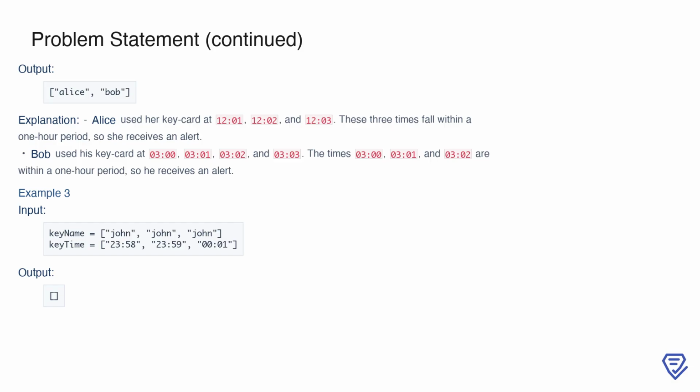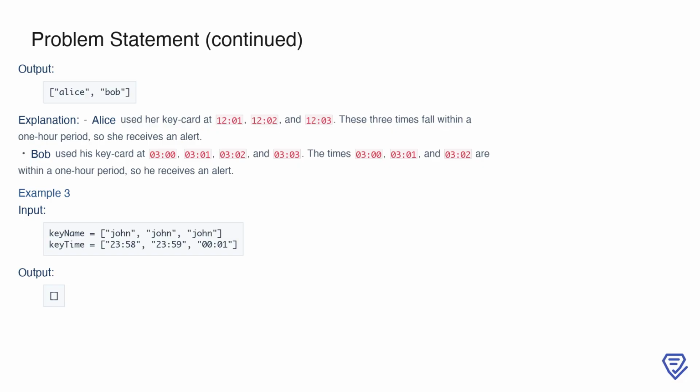Now, let's review the second example. The input lists show that Alice used her keycard at 12:01, 12:02, and 12:03. Since all 3 times are within a 1-hour window, Alice receives an alert. Similarly, Bob used his keycard at 03:00, 03:01, 03:02, and 03:03.